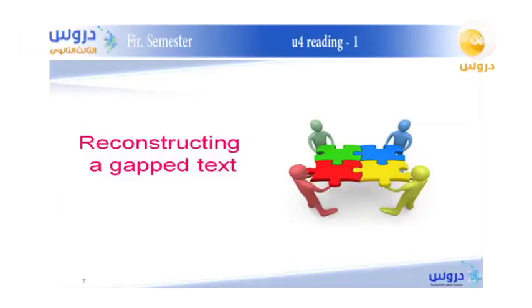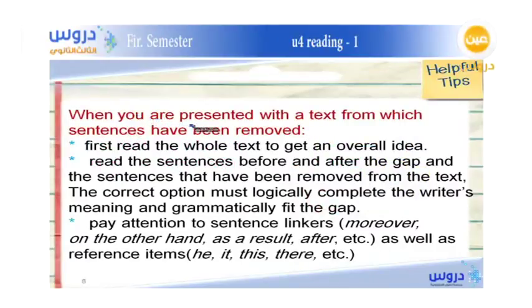Reconstructing gapped text. When you are presented with a text from which sentences have been removed, first read the whole text to get an overall idea. Read the sentences before and after the gap and the sentences that have been removed from the text.